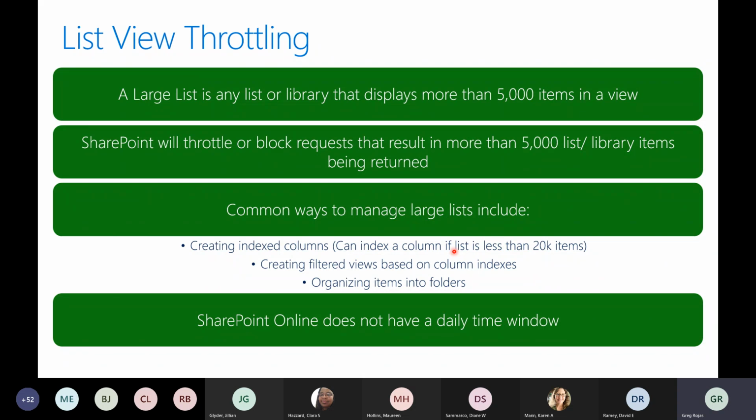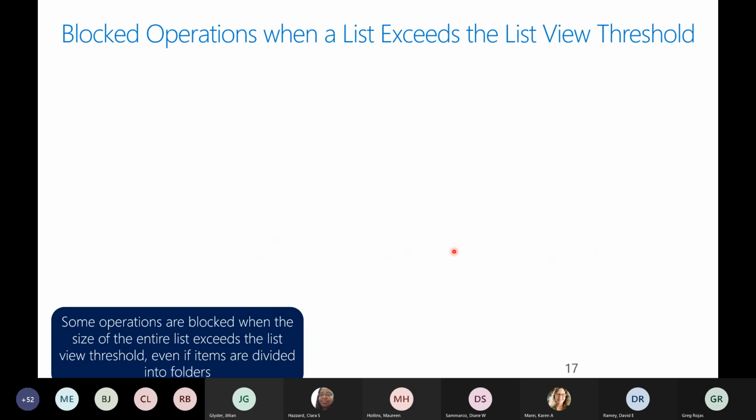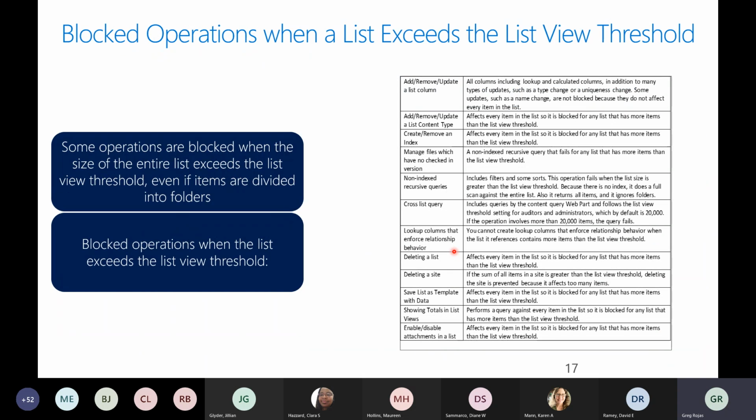Building a view can help you to really identify what it is you're looking for. This is kind of what Greg was saying. When you hit that over 5,000, things get stopped. It's like, hold on a minute. I got all these requests coming in from all these different web pages.